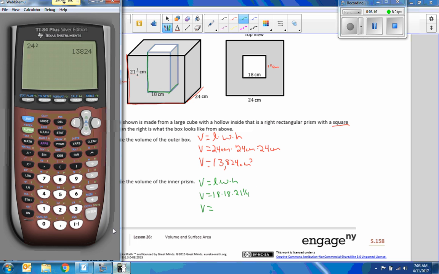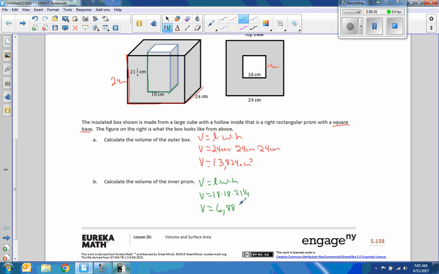So 18 times 18 times 21.25 equals 6,885 cubic centimeters.